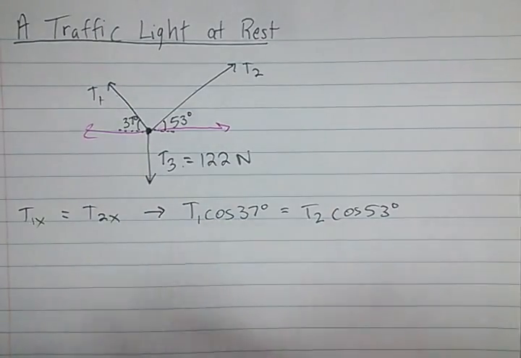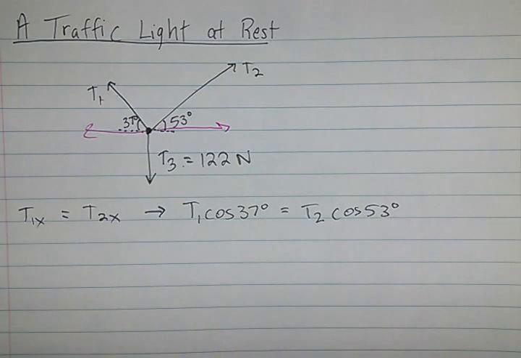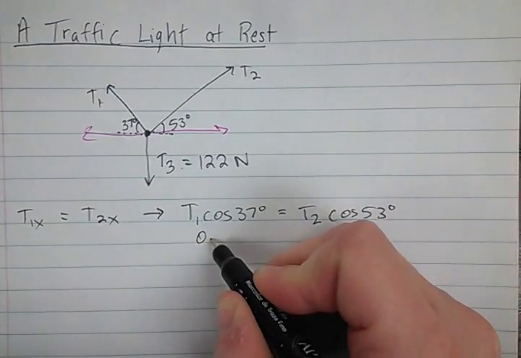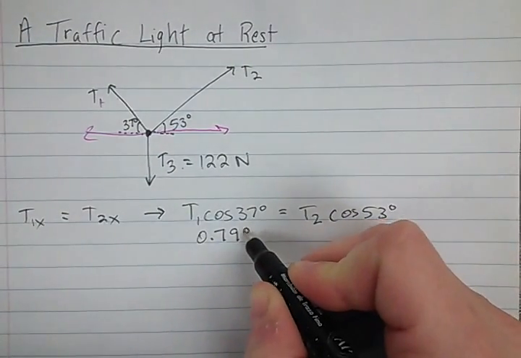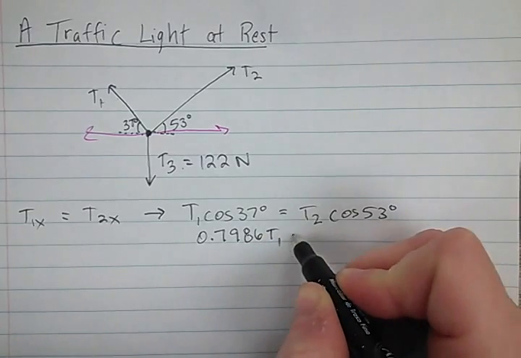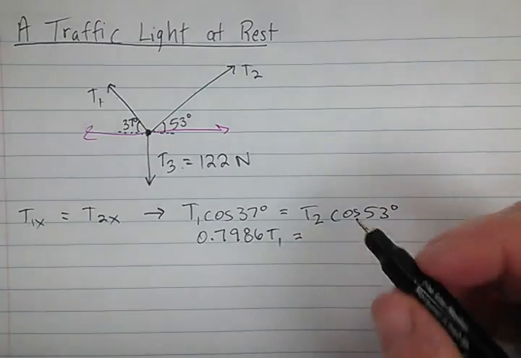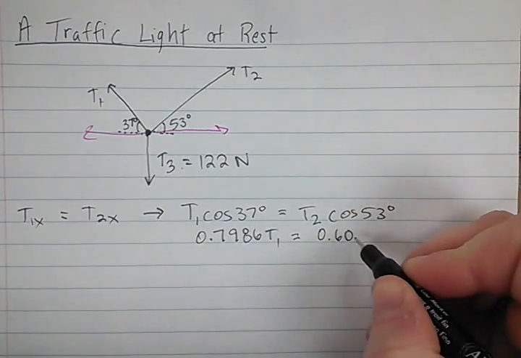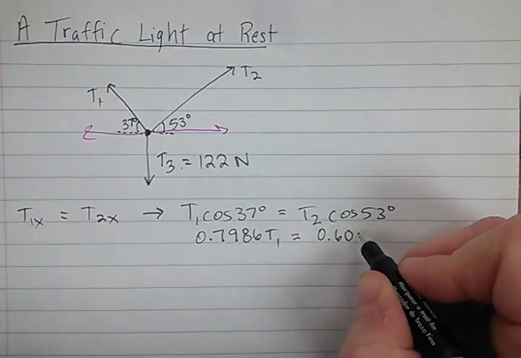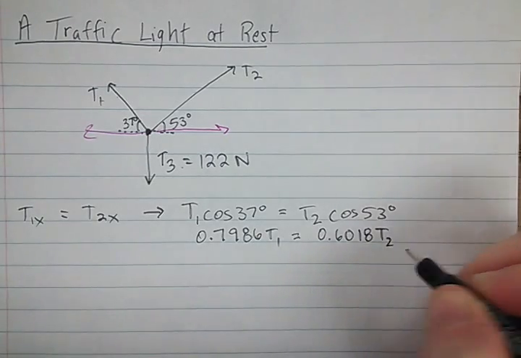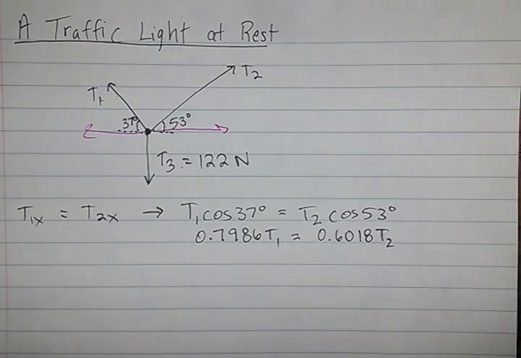So let's find the cosine of 37, and it is 0.7986. And the cosine of 53 is 0.6018. The reason it's better to find numbers as soon as you can is because that means you will make fewer algebra mistakes.